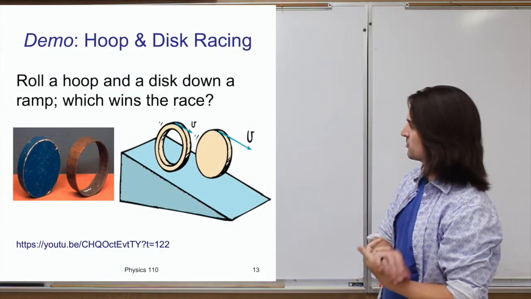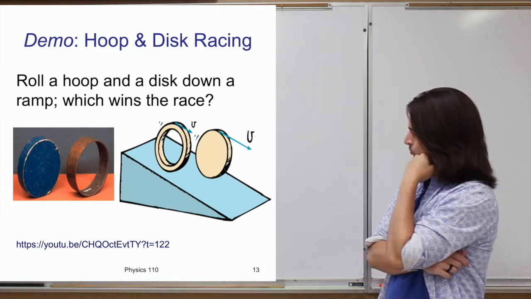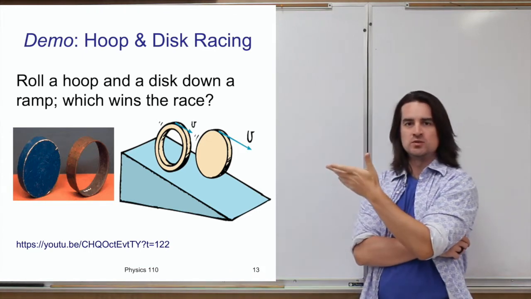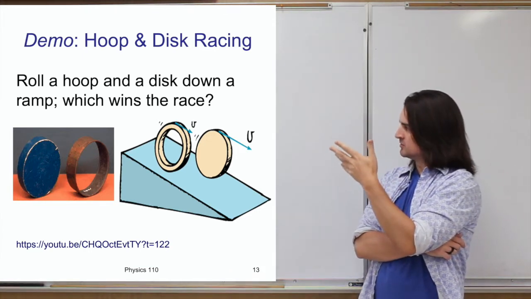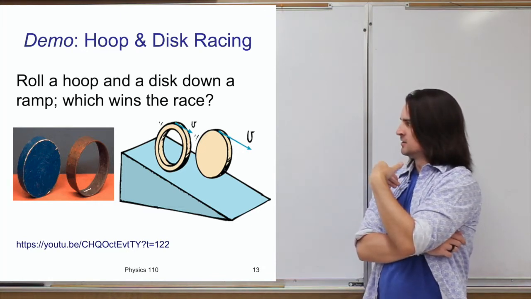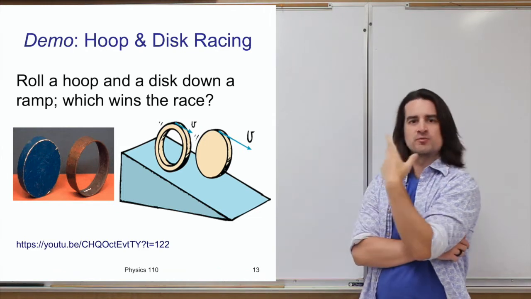Okay, another little demo about rotational inertia is if you just take two circular objects, a disc and a hoop, and make them out of materials such that they weigh the same.